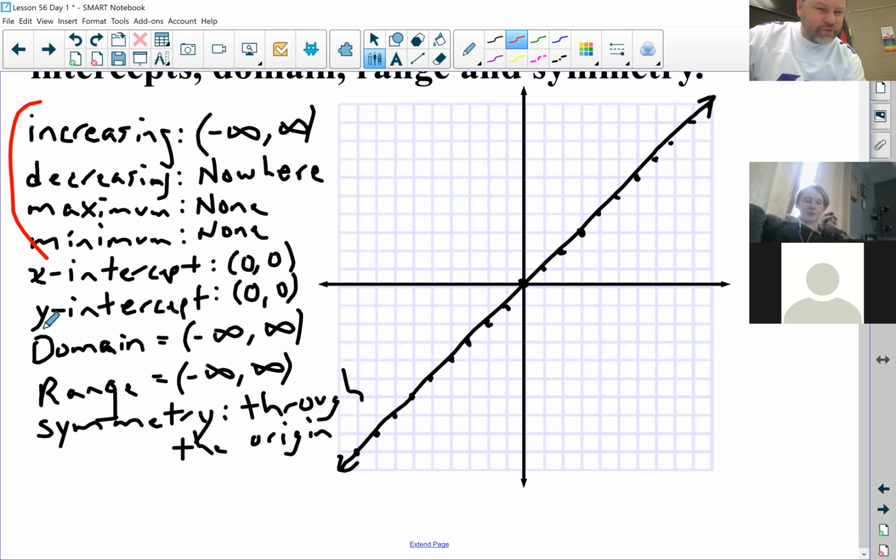The domain and range will be the same for all linear functions. X-intercept and y-intercept will depend; if we shift that line around at all, it could change those things, and the symmetry could change as well. But the increasing, decreasing, minimum, maximum, domain and range will always be those exact same answers for a linear function.